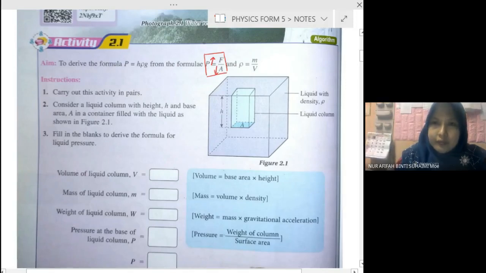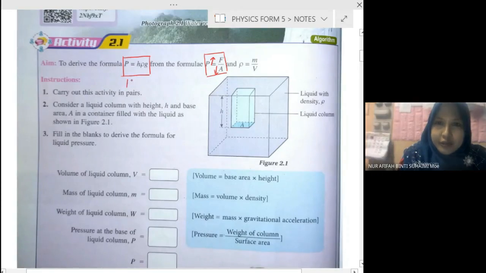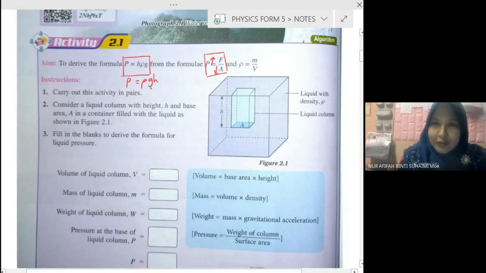Now, pressure in liquid, the formula is P equal to rho g h. Saya dah biasa dengan rho g h. So samalah, cuma bila kita dah biasa, saya akan guna rho g h. Rho stands for density. Ni saya dah ajar daripada form 1 kan.